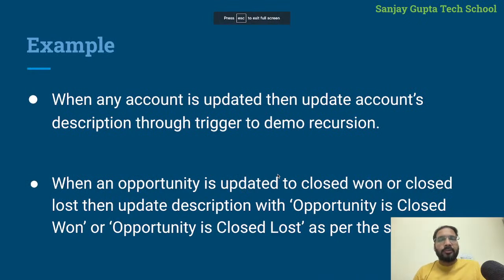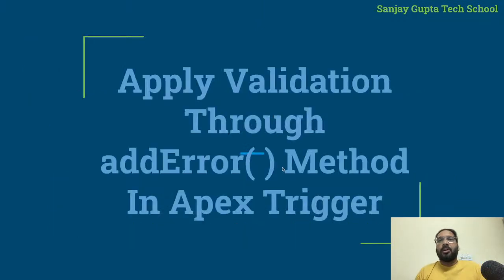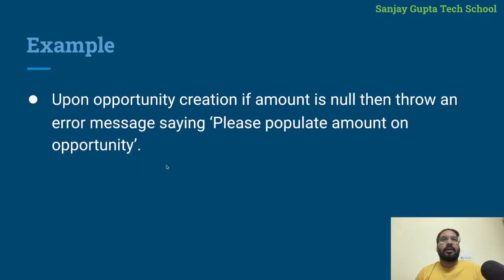Okay, so I hope this way you understood the recursion process, like how it works and how you can prevent it. Now, moving forward, we have one more scenario that we need to understand: how we can apply validation through the addError method in an Apex trigger. In before delete, I already showed you how we can apply validation, but if we create any new record, at that time also we can apply validation.